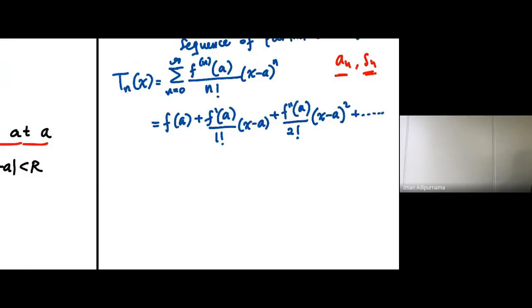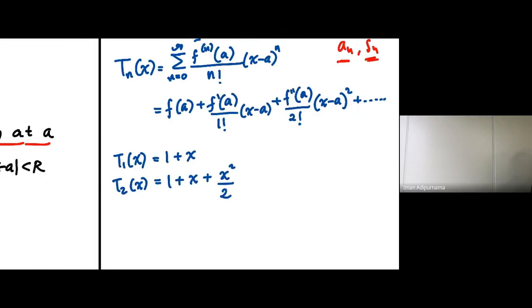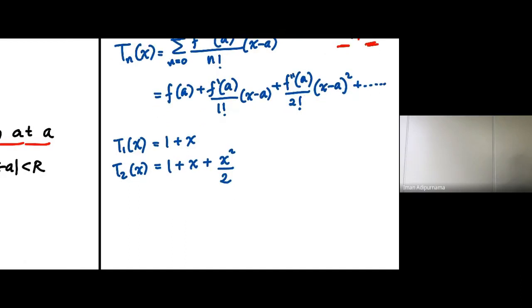So if we try from n equals 1 to, let's say, T3: T1 is only 1 plus x. T2 is 1 plus x plus x squared over 2 factorial, to keep it in factorial form.